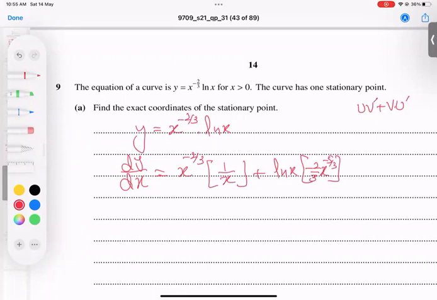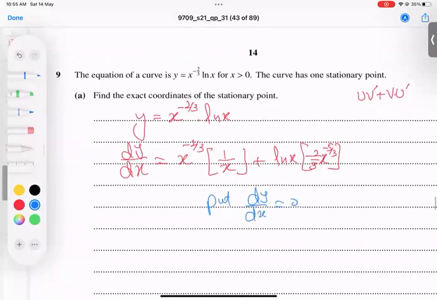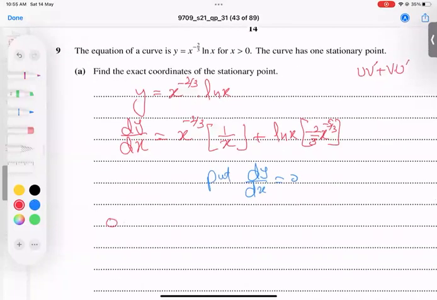So after this, what to do? Because he says here very clear we need the stationary coordinates. So I will put dy over dx equal to 0. When I put 0 here, we have x to the negative 2 by 3 over x plus logarithm x, or I can change it to minus logarithm of x times 2 by 3.